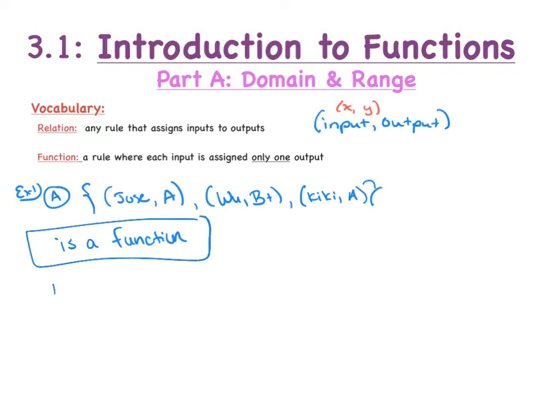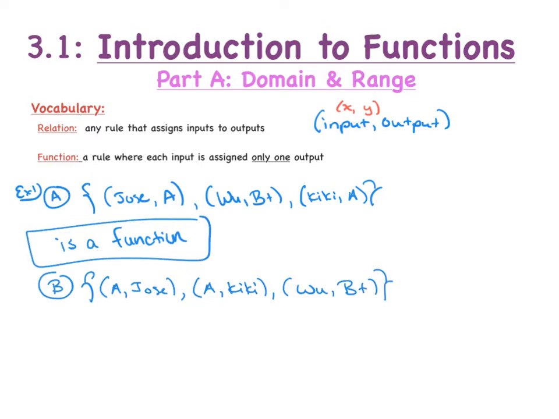Okay, now let's consider a different relation. Let's consider the relation where I list the grades and all the people who earned them. So the input is an A, Jose earned an A, who else earned an A? Kiki earned an A, and Wu earned a B plus.